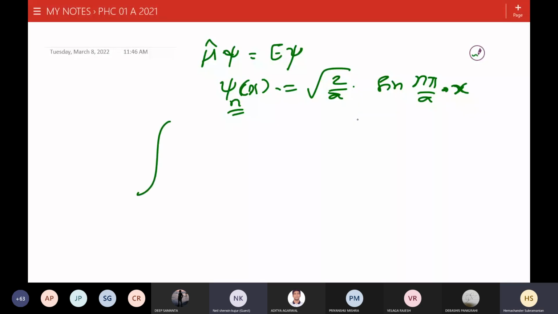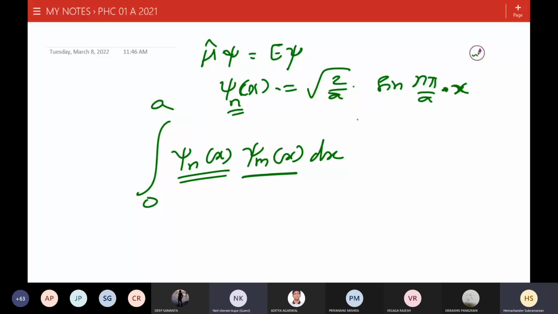Now let's take psi n of x times psi m of x, dx from 0 to a. Psi n and psi m vary only over 0 to a. The particle is not found below 0 or above a, so our limits are 0 to a.